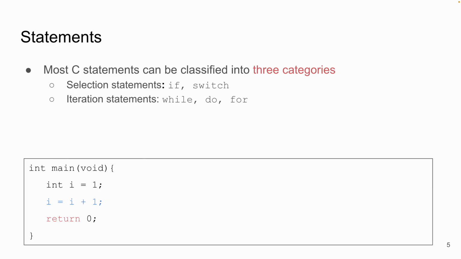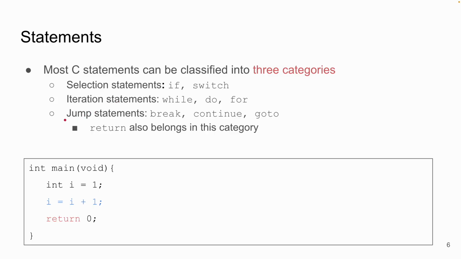The second kind of statement is the iteration statement. Iteration statements are statements that can help us to build loops. So we can do while loops, do loops, or for loops. And we will talk about that next week, I think.